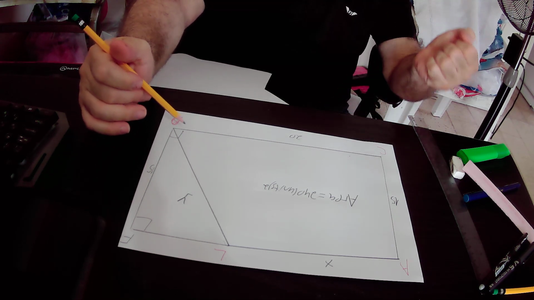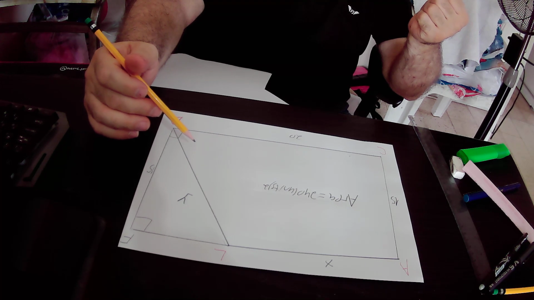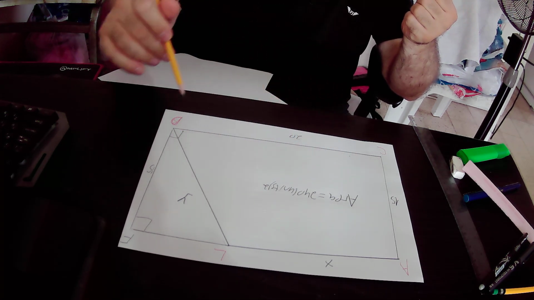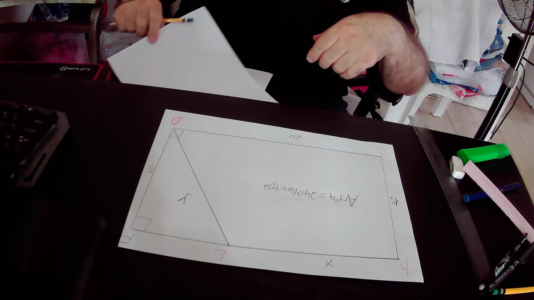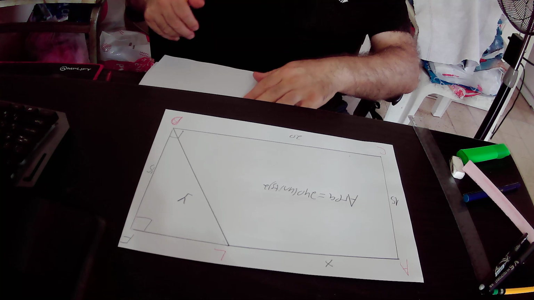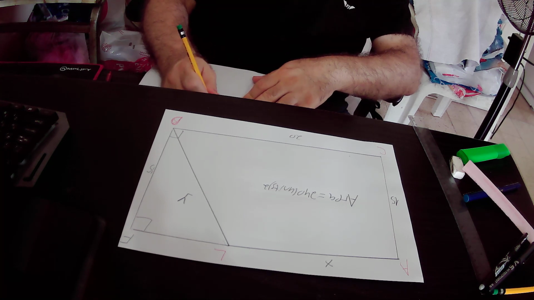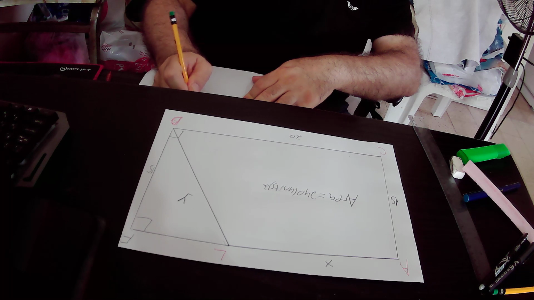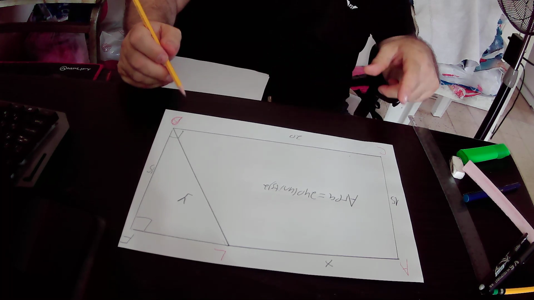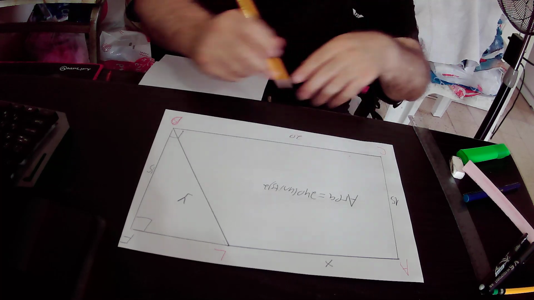And actually the area of any rectangle equals the length of the rectangle times the width of the rectangle.